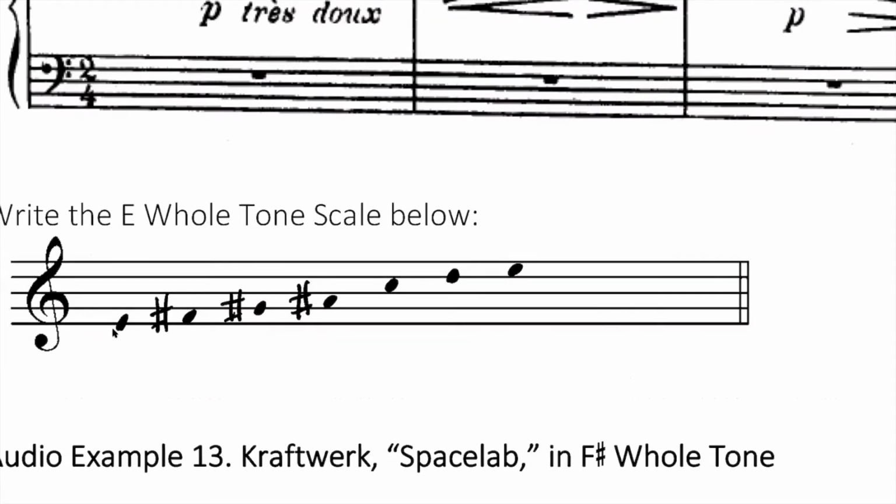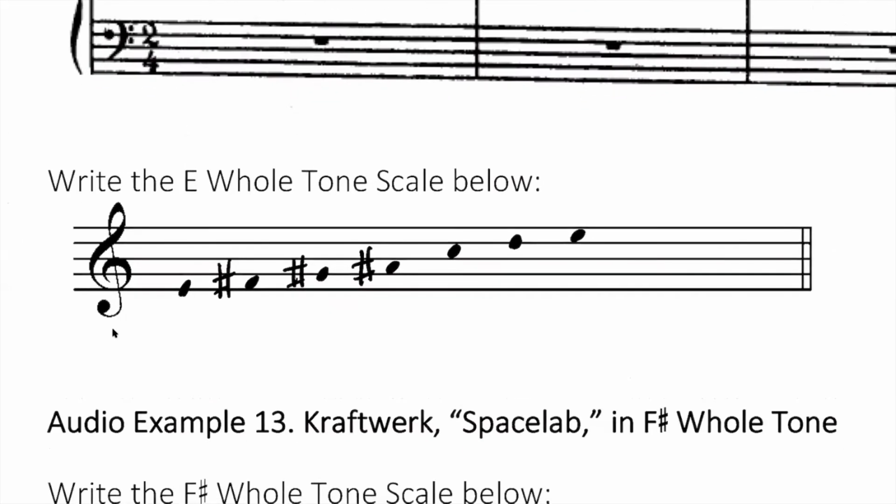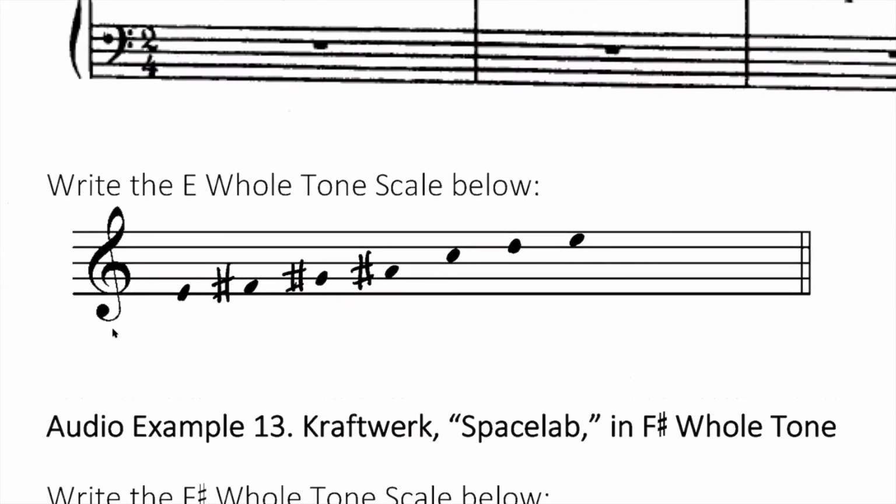Here's how I spelled the E whole tone scale. I used F sharp, G sharp, A sharp, and then skipped B because we have an enharmonic whole step between A sharp and C. I'll show you another way you could have spelled this scale.